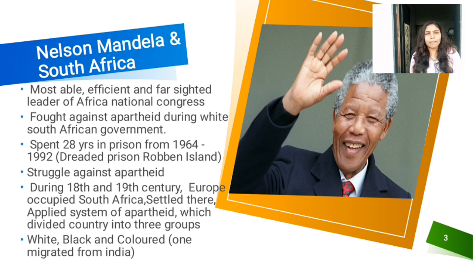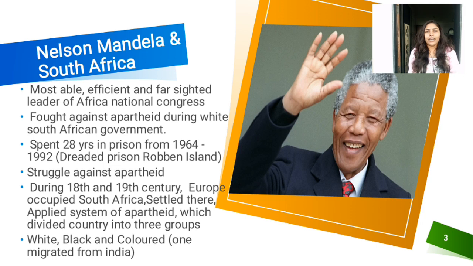Nelson Mandela spent around 28 years on Robben Island, which is quite far from South Africa and which was a barren island. Over there he spent around 28 years, and he struggled against apartheid.